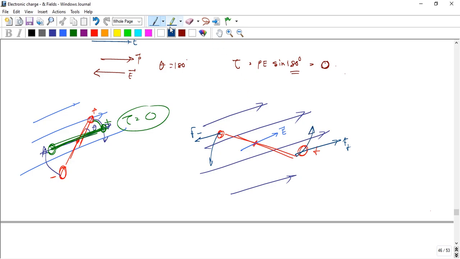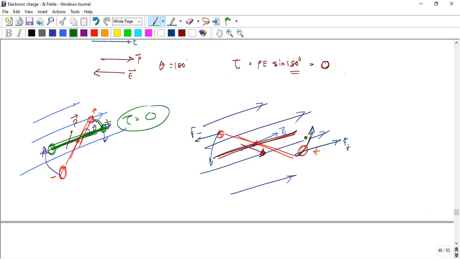If both are in opposite directions, P goes from minus to plus, so P is in that direction now, at some angle obviously. Finally, when they become parallel to each other, this is the balanced final position.